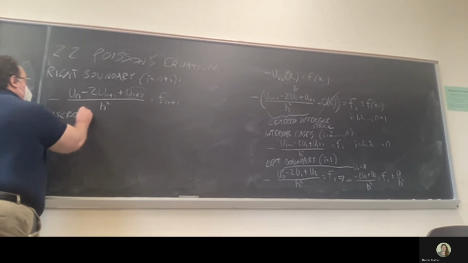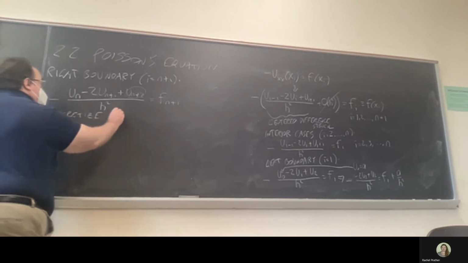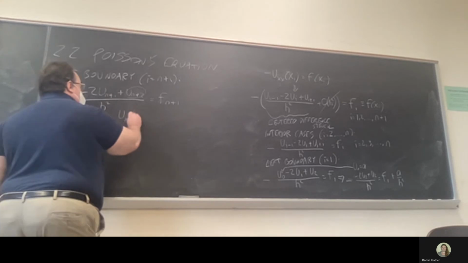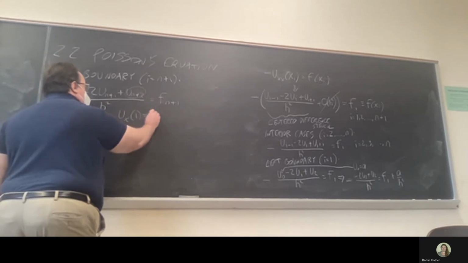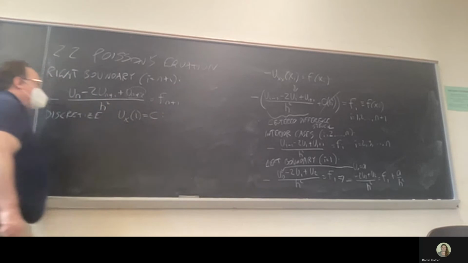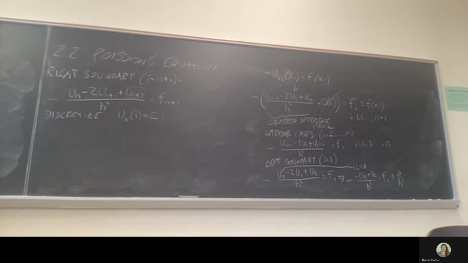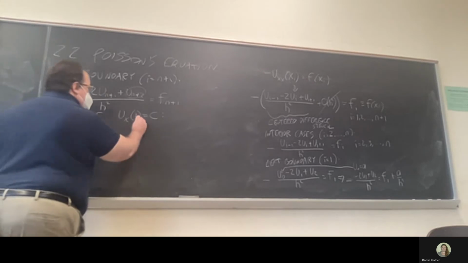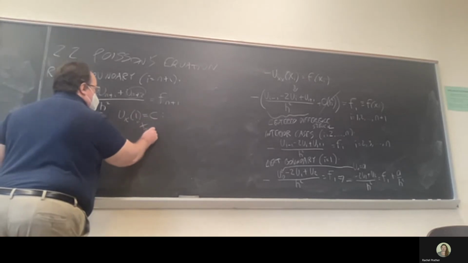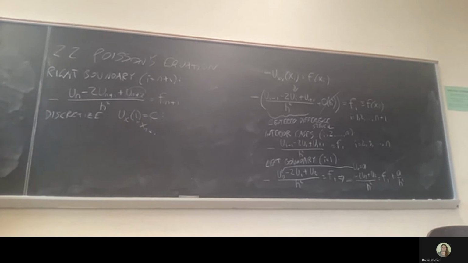So if we discretize the Neumann boundary condition, du/dx at 1 is equal to c. Here's how that can go. Because 1, recall, is equal to x_{n+1}. So we're approximating a derivative at that point.